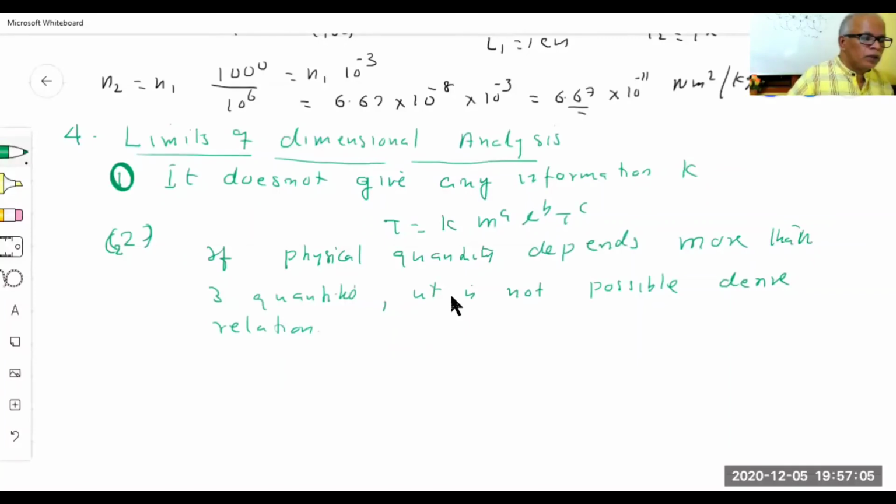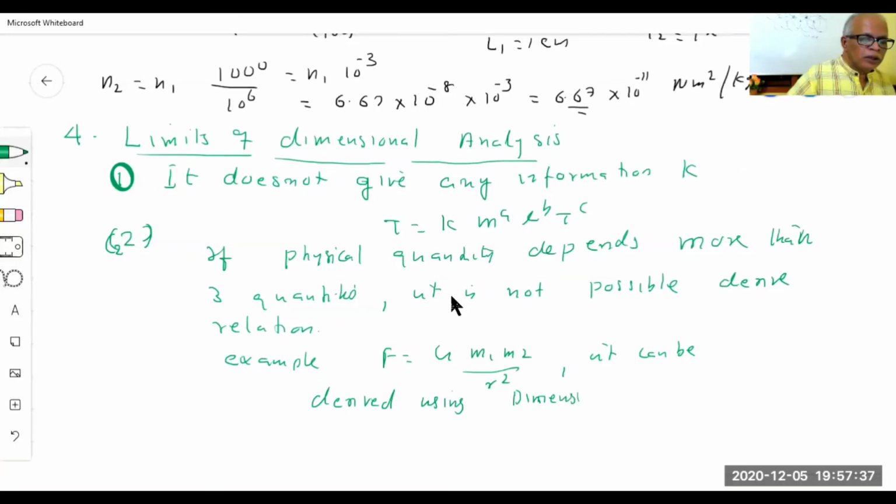For example, this relation F is equal to G M1 M2 by R square. These are variables 1, 2, 3, 4. It cannot be derived using dimensional analysis. Check it out, we get 3 equations and 4 variables, so A, B cannot be found by dimensional analysis.